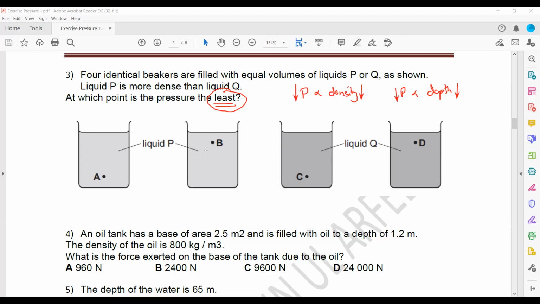When we check the points A, B, C and D, which has a low density and lower depth? Option D. It is a low density liquid, as they mentioned that liquid P is denser than liquid Q. So liquid P has high density and liquid Q has a low density.